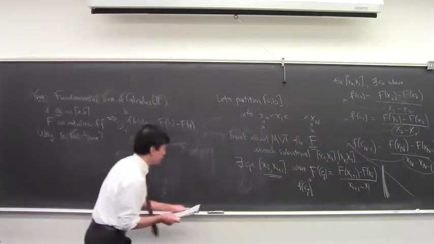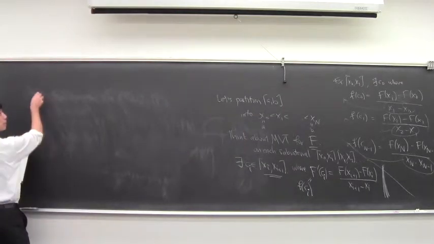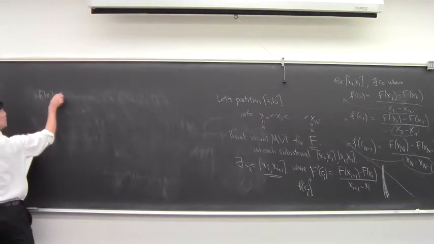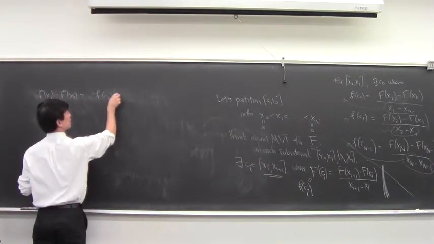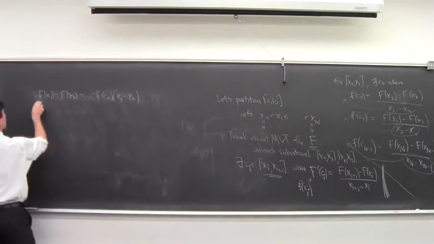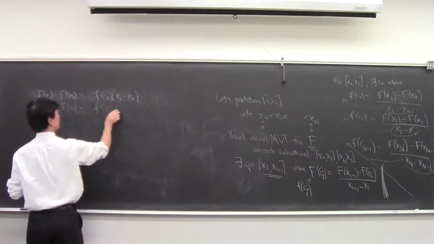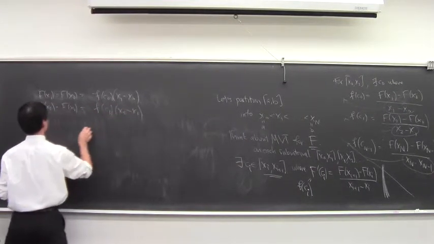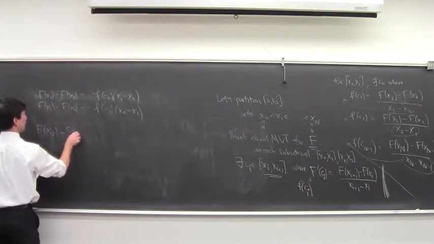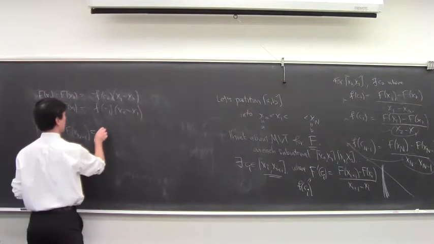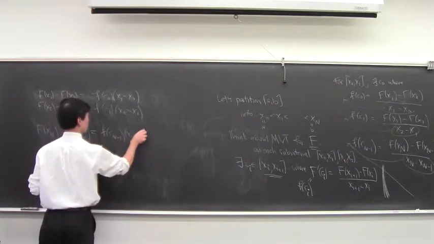So I get f(x_1) minus f(x_0) equals f'(c_0) times (x_1 minus x_0), f(x_2) minus f(x_1) equals f'(c_1) times (x_2 minus x_1), all the way down to f(x_n) minus f(x_{n-1}) equals f'(c_{n-1}) times (x_n minus x_{n-1}).